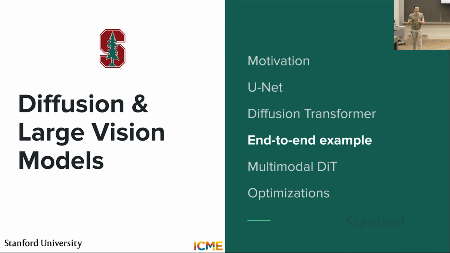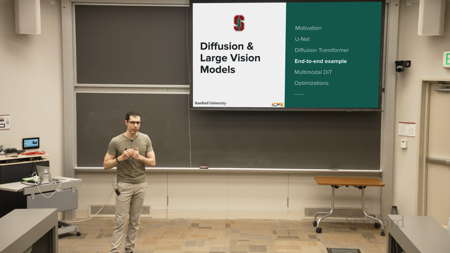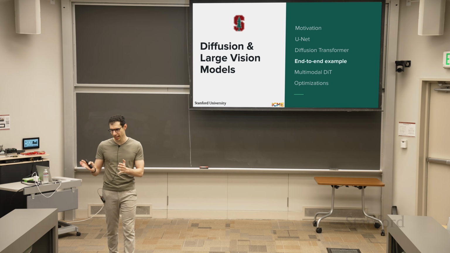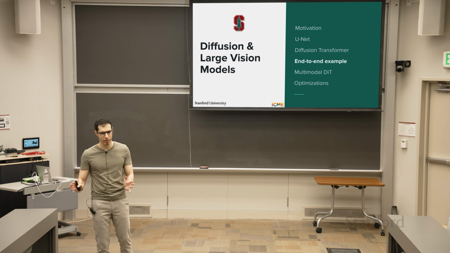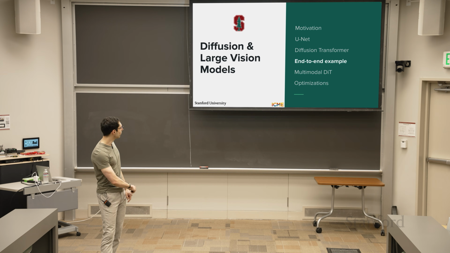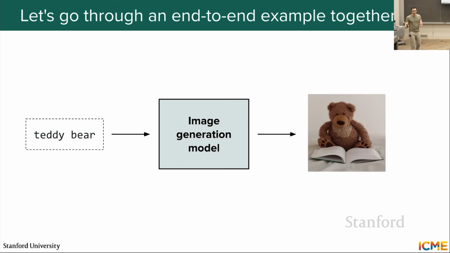Given that the DiT is a pretty important architecture, what we will do is take our time to go through an end-to-end example of exactly how that works. So our goal is to take an input. So here, the input text, generate an image of a teddy bear that is reading.